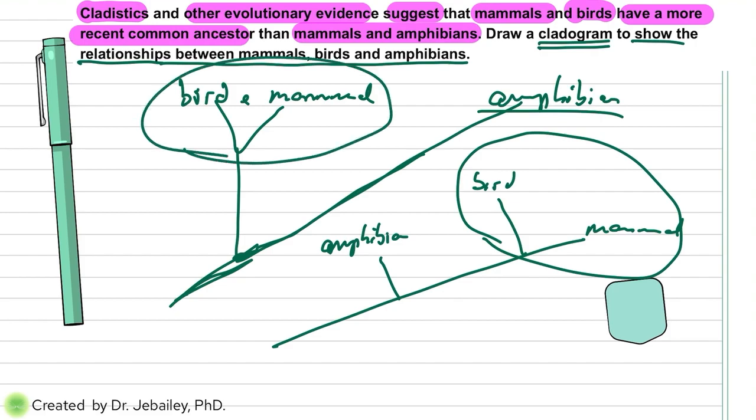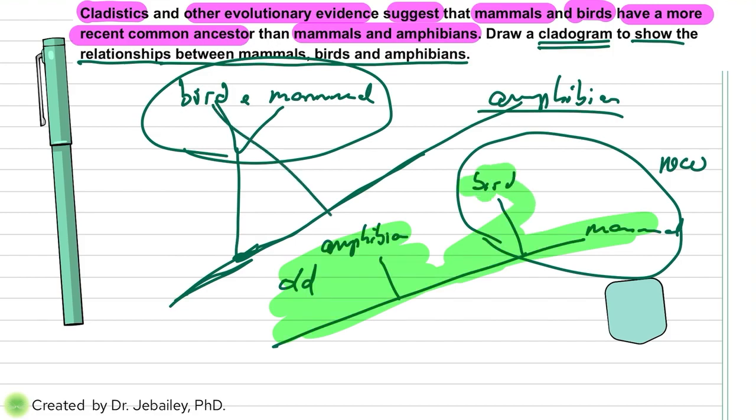And these guys, since they're recent, should be more to the new part, and the amphibian should be more to the old part. So as highlighted, this would be the cladogram that I would use. And I would definitely not use this one at all.